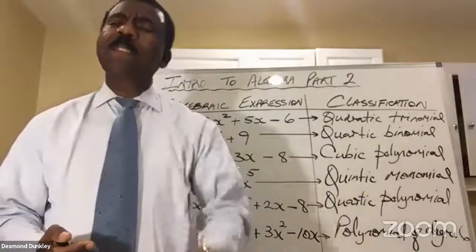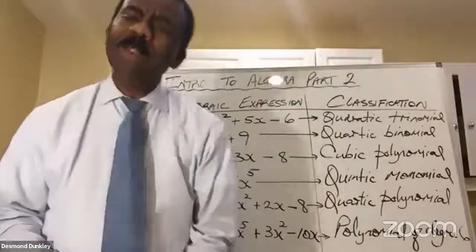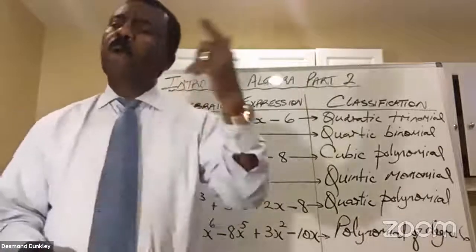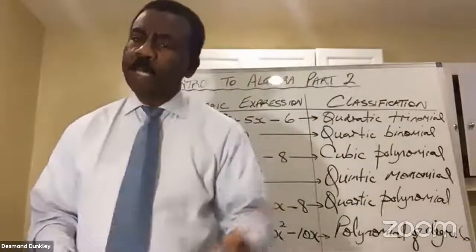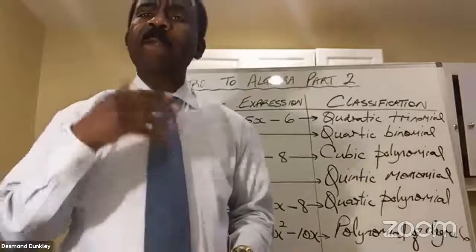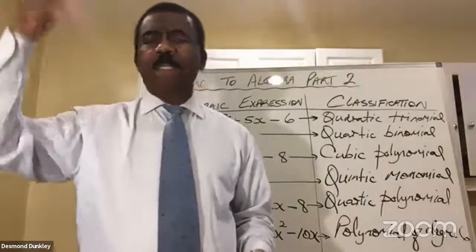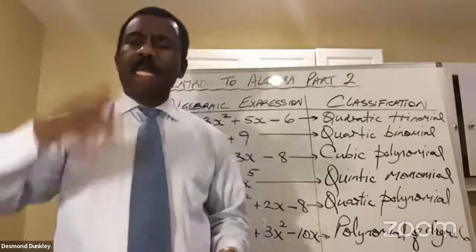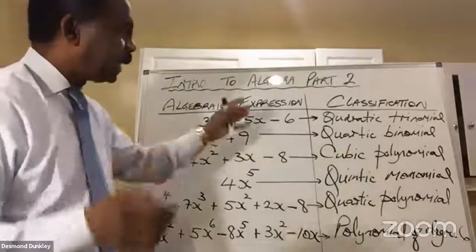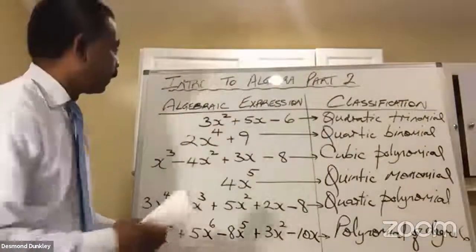Then we have the linear, quadratic, cubic, quartic, quintic, and after 5, we say it's a polynomial of degree 6, 7, 8, whatever the number is that is bigger than 5. So that's it for our classification. We are now done with classification. Okay?